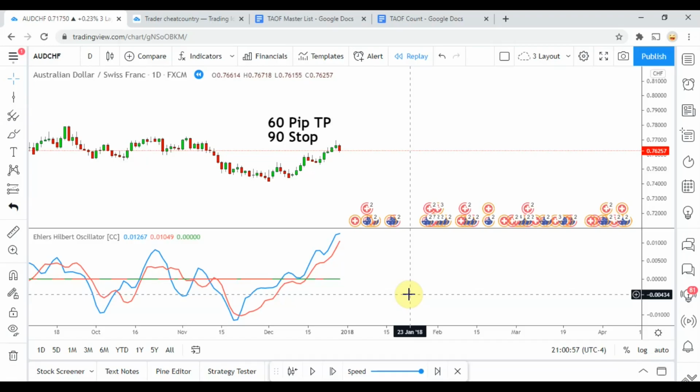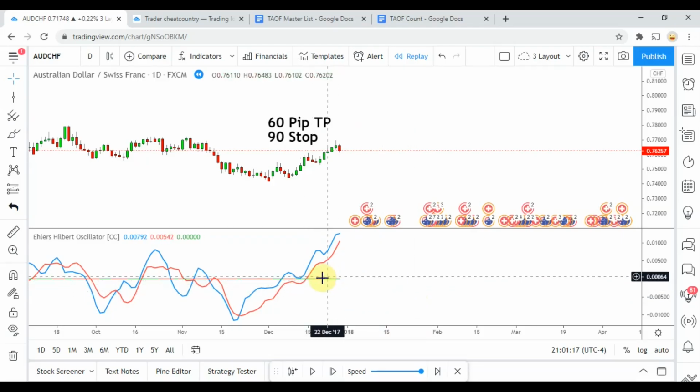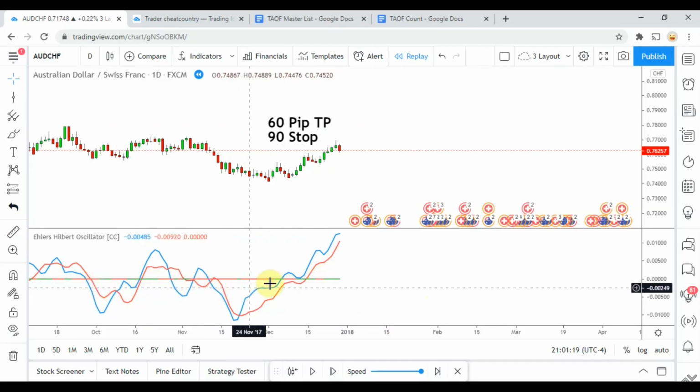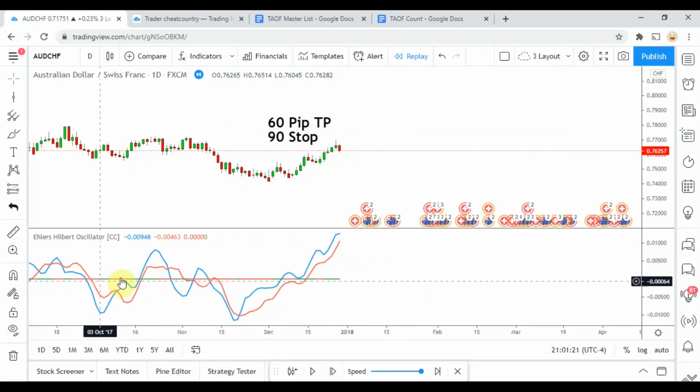Now, of course, this indicator was created by Ehlers, and then another TradingView member came along and took those calculations and created a TradingView indicator out of it. And on that particular page, I read through it, and there does not seem to be any reference to this center line that runs through the indicator screen there.